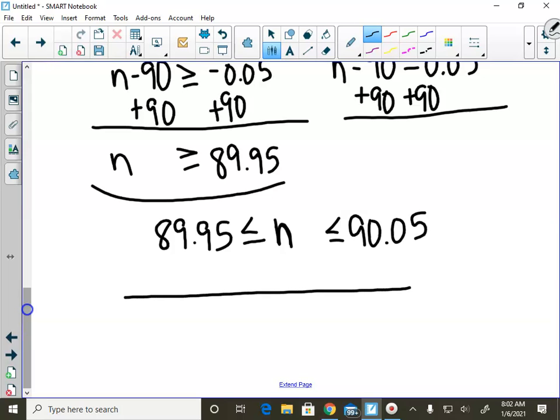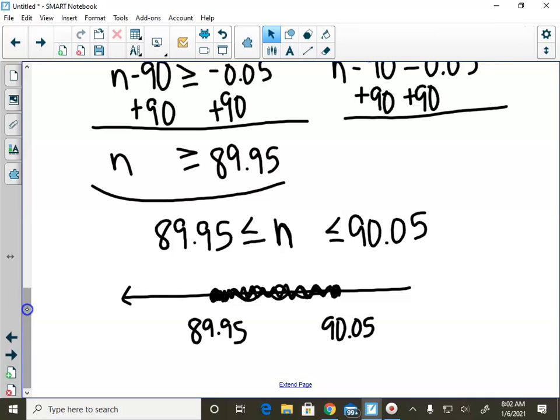So we know that we have this point, which is our 89 and 95/100ths. We have this point, which is our 90 and 5/100ths. And everything in between these are all acceptable values for the actual length of this model airplane. That's how you do a tolerance problem.